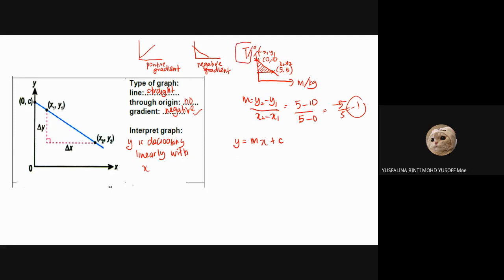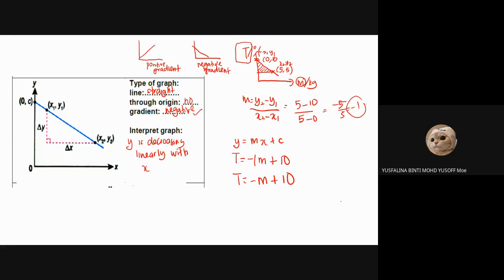The title here is G. The m is the gradient, which we already calculated as negative 1. The x here is t. So negative 1 t plus c, where c is the y-intercept, so the y-intercept is 10. If I simplify it, you get negative t plus 10.